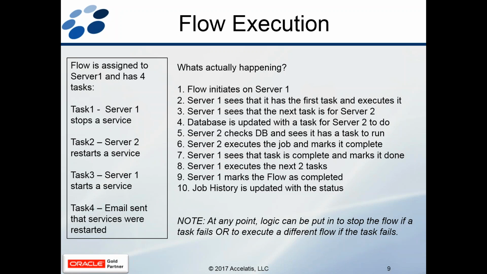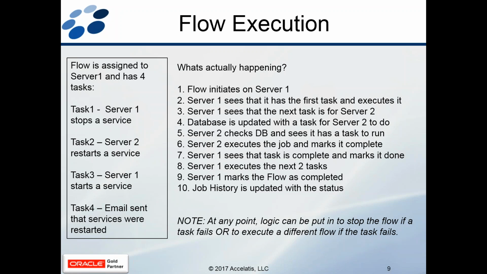Server 1 will then wait for it to be complete, and it sees, okay, server 2 did its thing, it's complete. What's next? Okay, next thing is I have to do the service restart, and then I have to send this email. And then after that whole process happens, the job history table is updated with the status of everything. So that's basically the flow and the way that it works, because agents don't talk to each other.